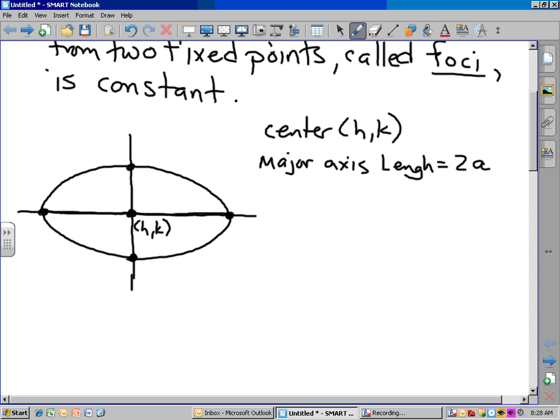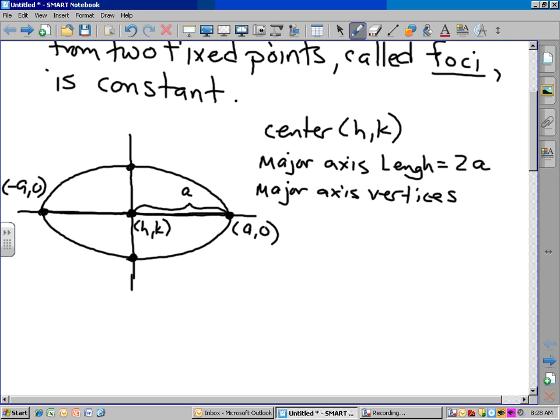So the distance from the center out to a vertex on the major axis is a, which makes our major axis vertices, in this case, (a, 0) and (-a, 0), or plus or minus a, 0. Now that's going to change whenever that center changes. I have it at the origin right now, so I'm using 0.